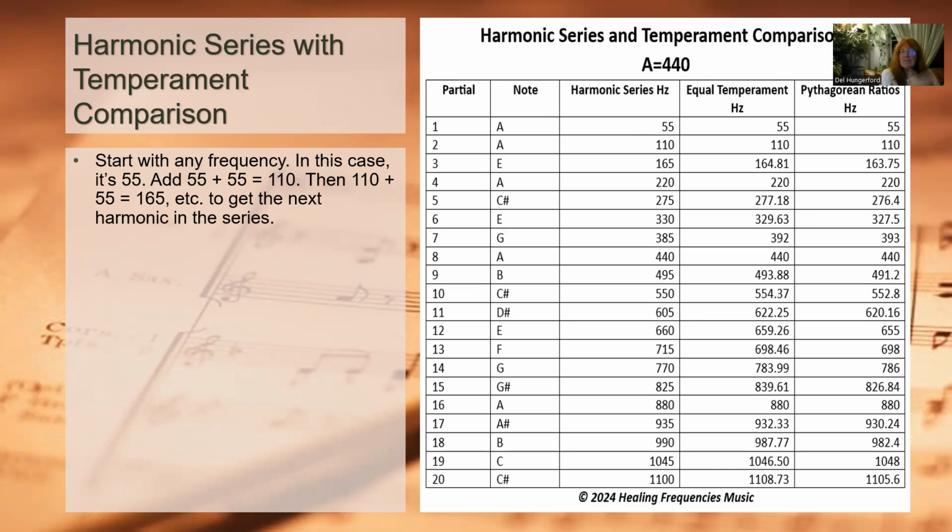You're going to add the same number over and over, 55 plus 55 plus 55. If you have 27 hertz, it's going to be 27 plus 27 plus 27 plus 27.